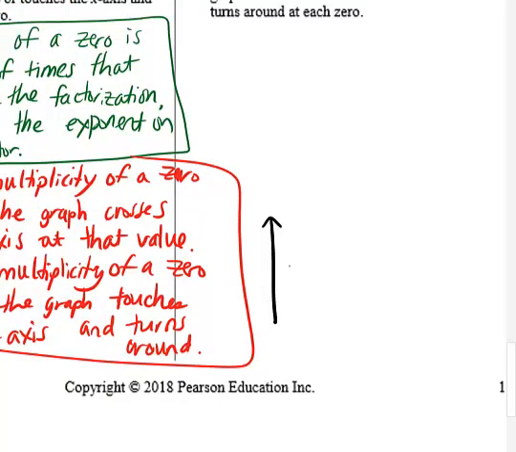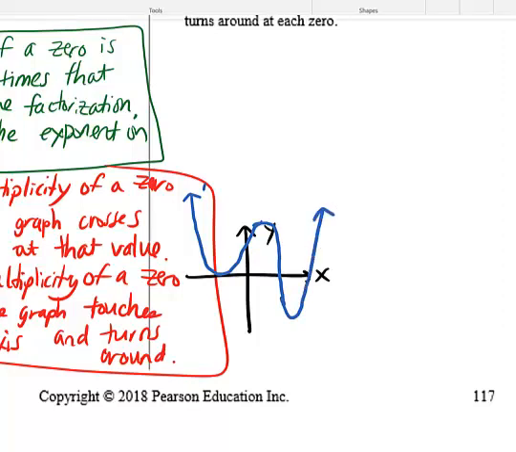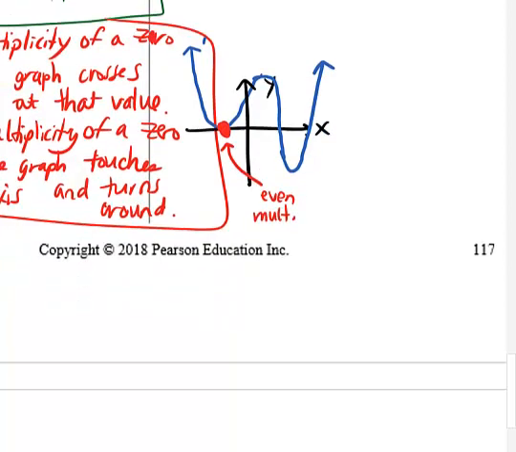So let's draw a little graph here. How about on the left side it just touches the x-axis, but then comes back up and bounces off of it. But on the right side of the y-axis, it's going to go through and then back up through, something like that. So this x-intercept here, it is an x-intercept because it hits the x-axis, but this would be an even multiplicity intercept because it bounces.